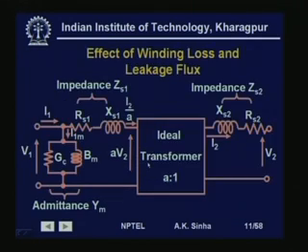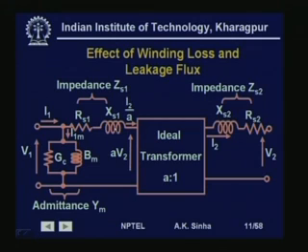So, this parallel branch across this ideal transformer takes care of these two parts. Now, the resistance and the leakage flux part can be taken care of by means of the resistance of the winding here and the reactance to take care of the leakage flux part.